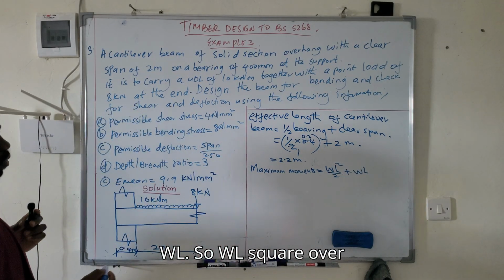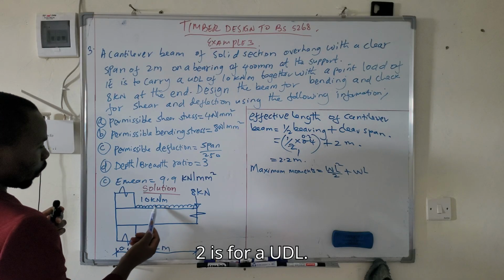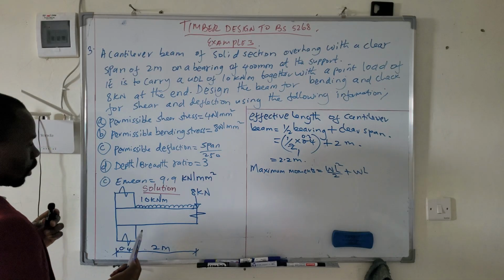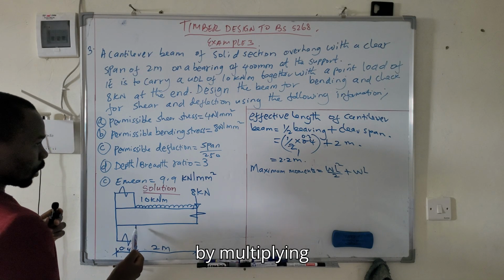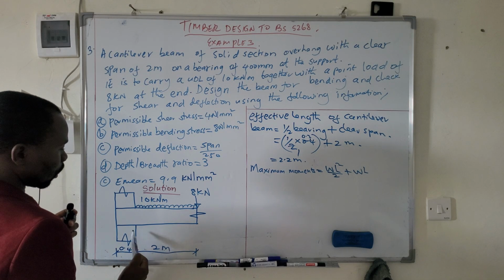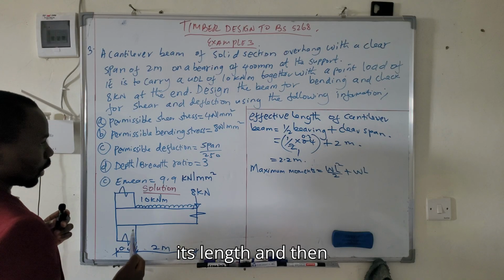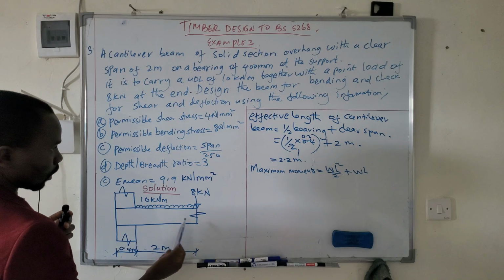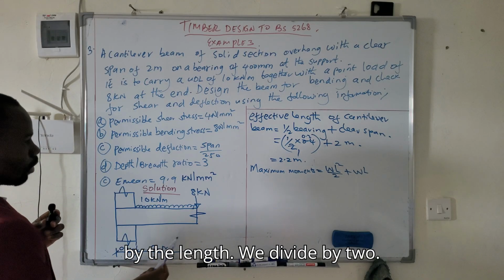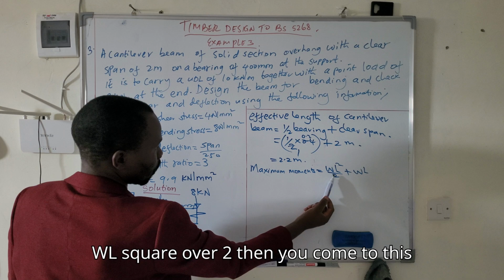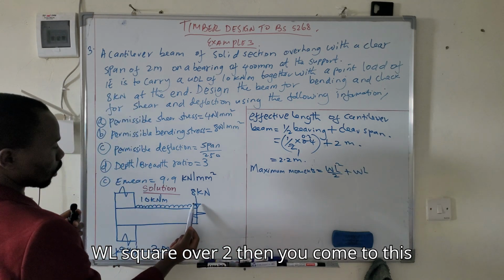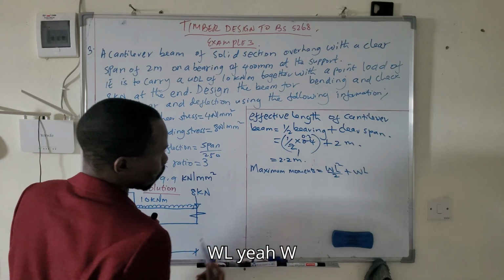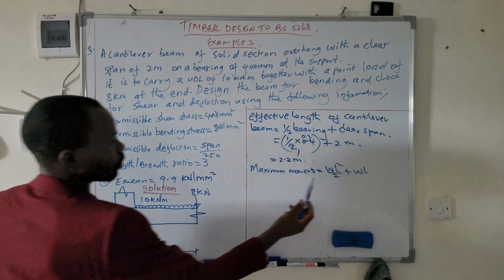WL square over 2 is for a UDL. We convert this UDL to a point load by multiplying by its length. And then to get the moment, we again multiply by the length and divide by 2, WL square over 2. Then you come to the point load, which is 8 kilonewton, W times L.